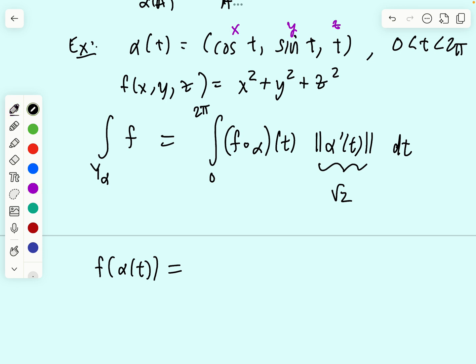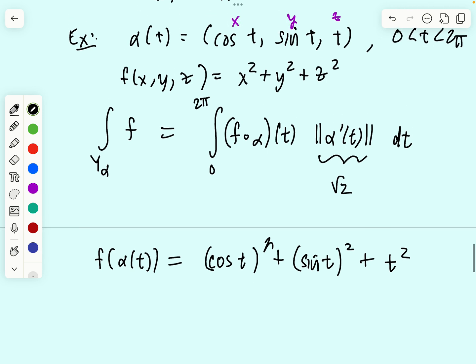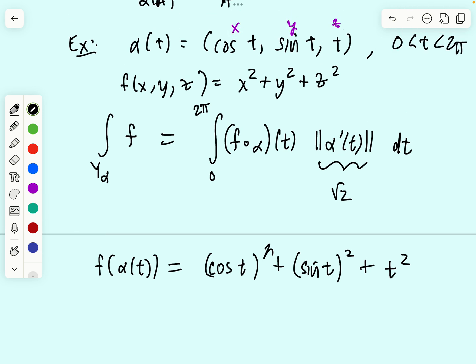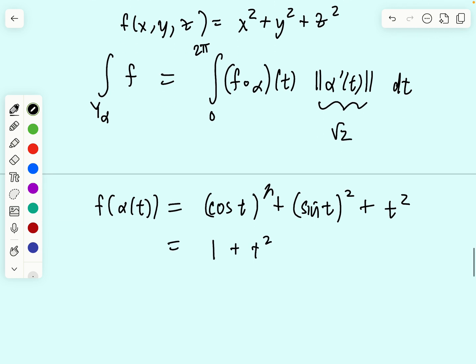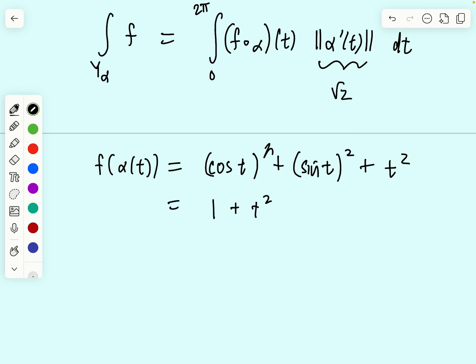So you're going to get cosine t in parentheses squared plus sine t in parentheses squared plus t squared. I'm just replacing x, y, and z with cosine t, sine t, and t. So this is going to be cosine squared t plus sine squared t is 1, and then you get plus t squared.